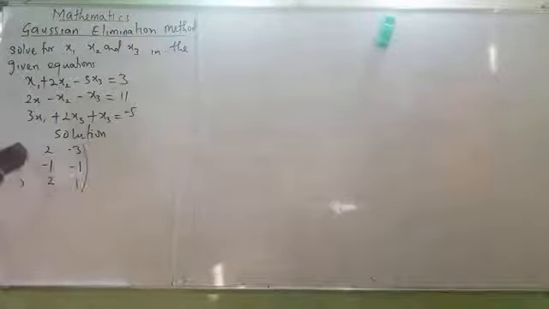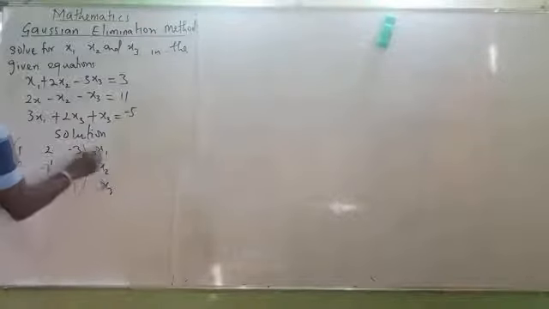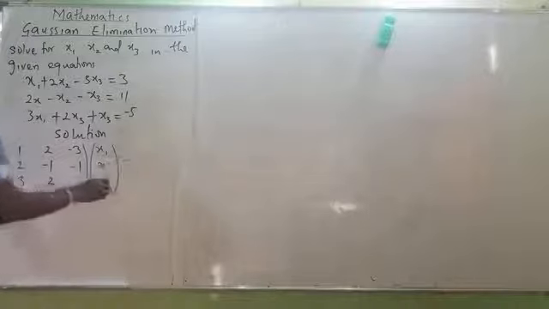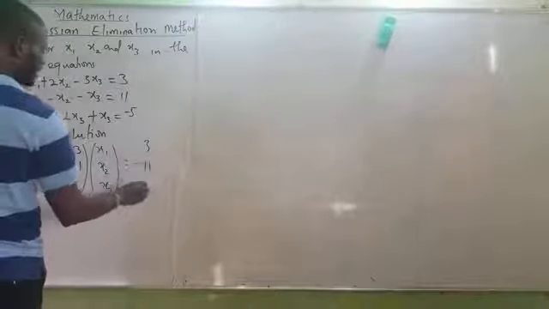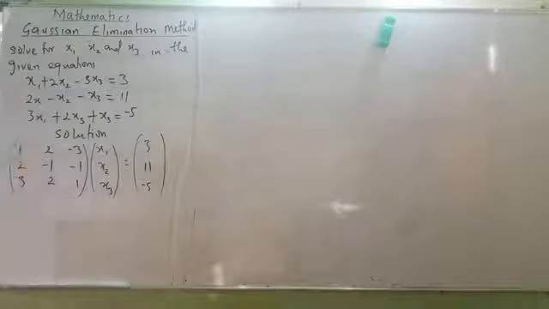I will have x1, x2, x3, which will be equal to 3, 11, and minus 5. That is what I will first do.